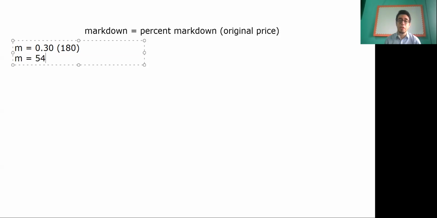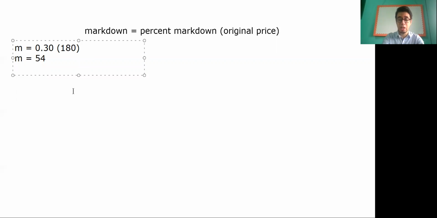$54. So to find the sale price, we can subtract the markdown from the original price, which is 180 minus the markdown. The markdown is the decrease of the price, remember.